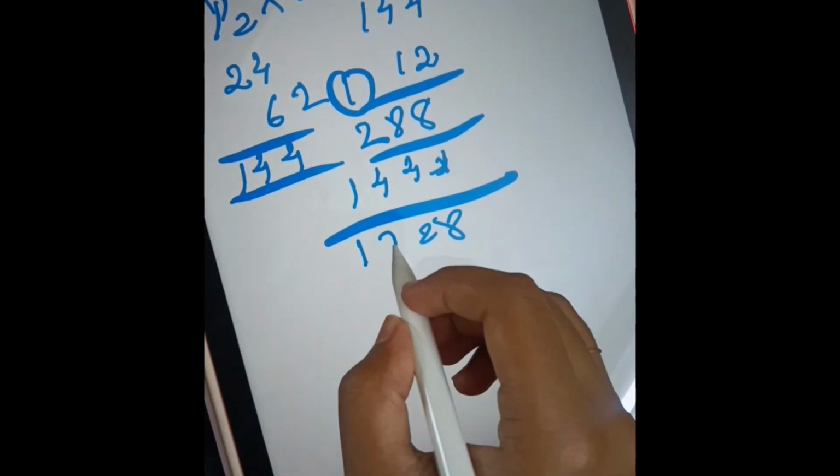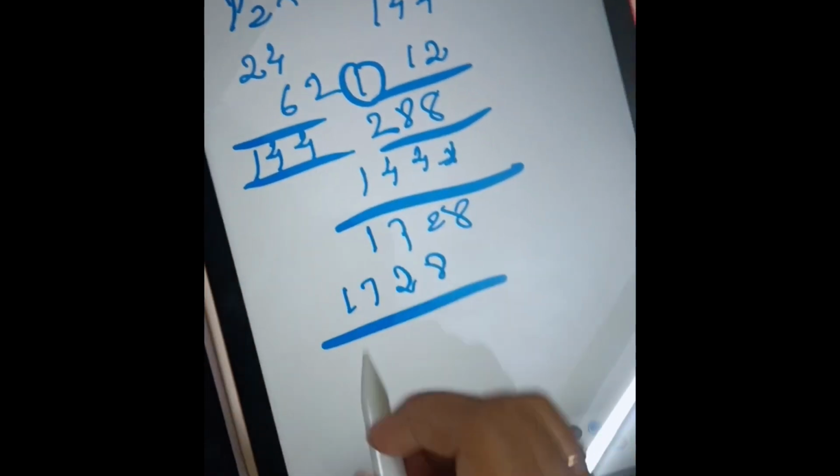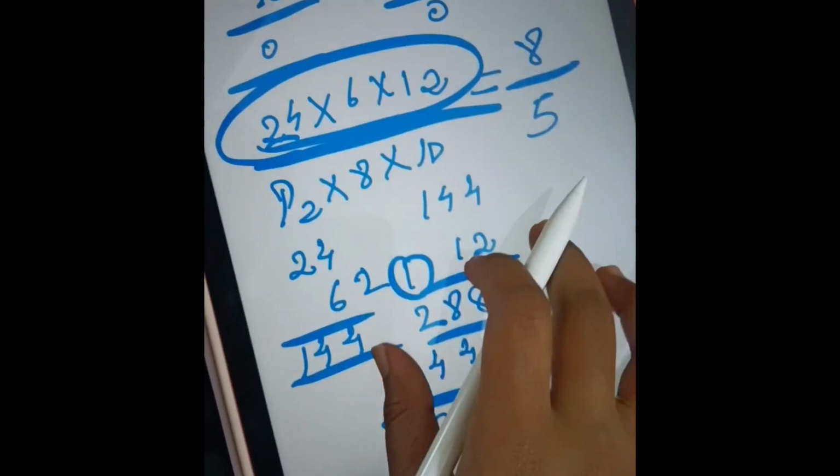So here you have got 1728. So 1728, the remaining I'm writing as P2 into 8 into 10. What answer we got? 8 by 5.